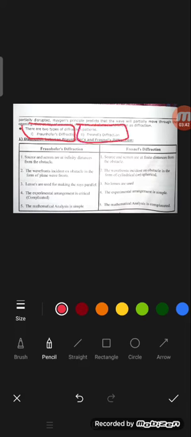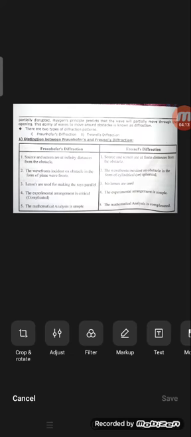Fraunhofer diffraction is where the source and the screen are at infinite distance from the obstacle. In Fresnel diffraction, the source and the screen are at finite distance from the obstacle.